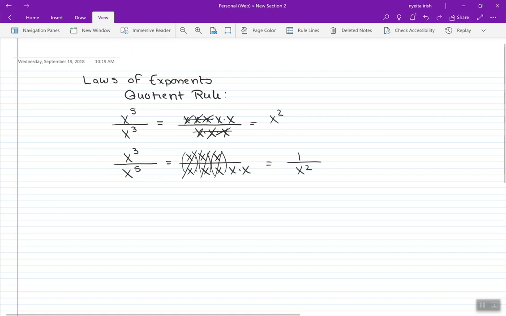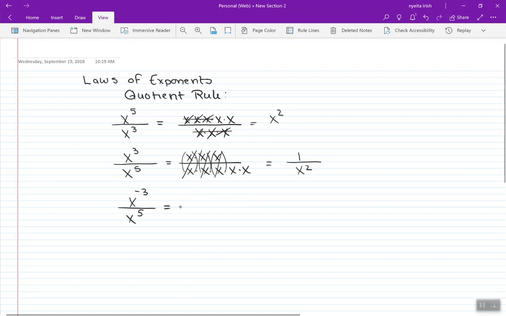All right. The key is, though, to have it so that our exponents are positive before we do this idea of canceling. For example, if I have x to the negative 3 on top over x to the 5 on the bottom, I can't write down a deficit of 3 x's on top. And it's not 3 x's on top, because that would be x to the third.